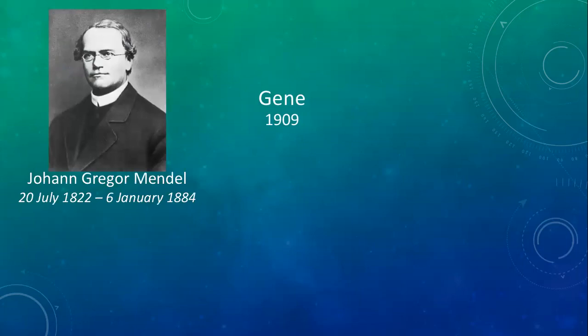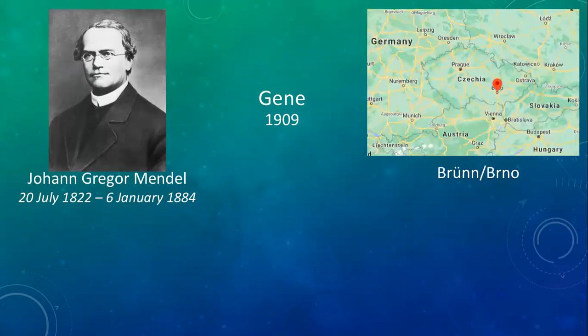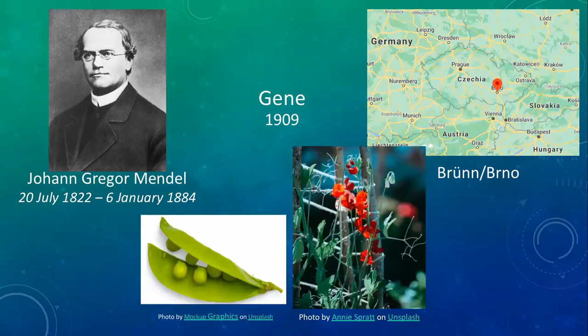You may have heard of him, who lived in the 19th century from 1822 until 1884. And his productive scientific work he performed while he was a monk in Brünn, which is now called Brno. It used to be a part of the Austrian Empire and is now in the Czech Republic.